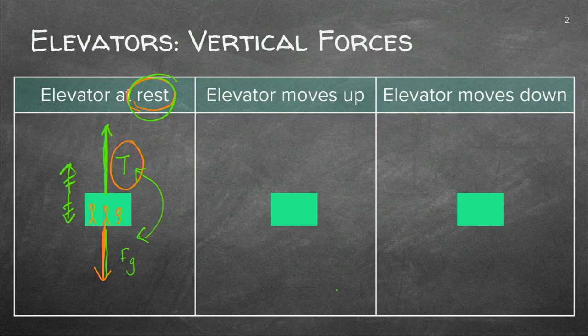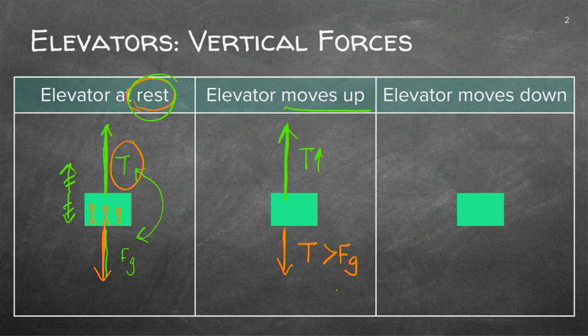What happens if it's going up? Well, you can think: if it's going up, the tension in the cable will increase because it's pulling upward, but we still have the gravity pulling it downwards. So now we have the tension being greater than the gravitational force.